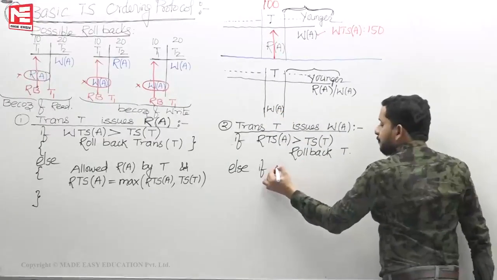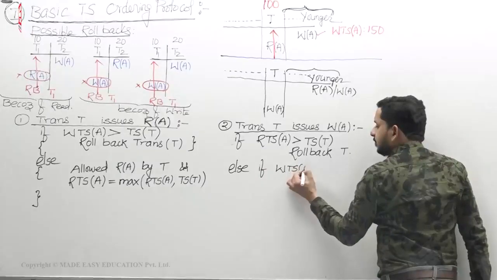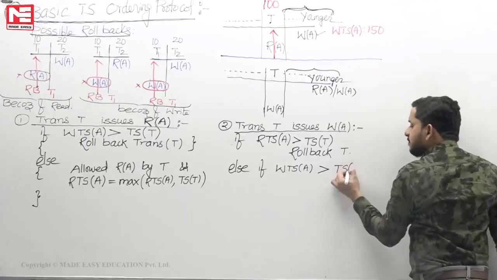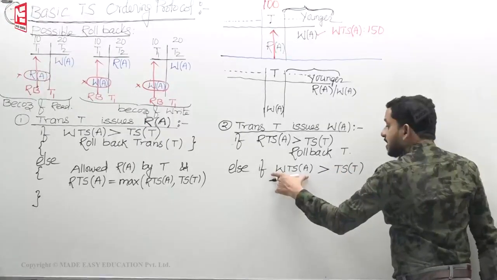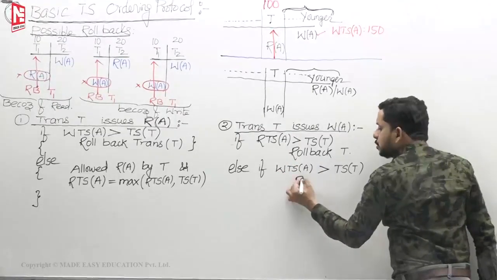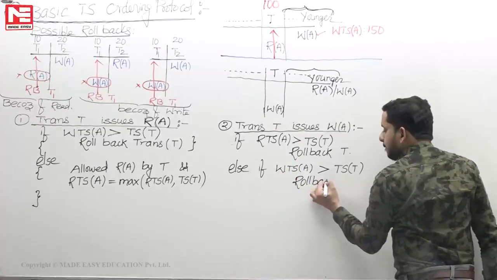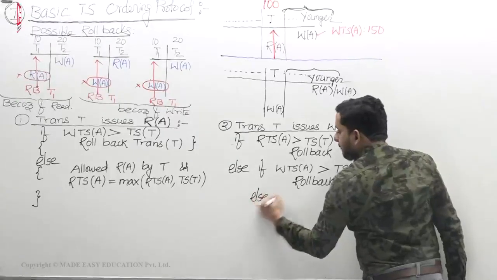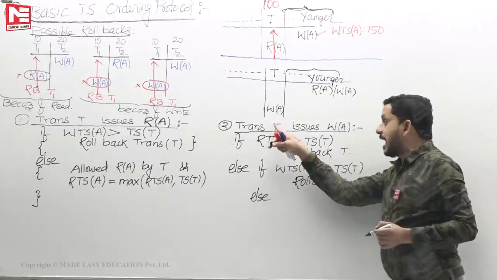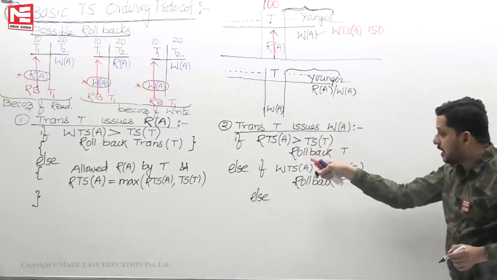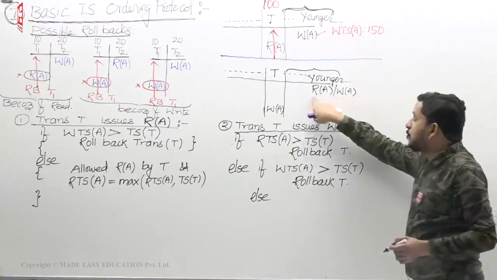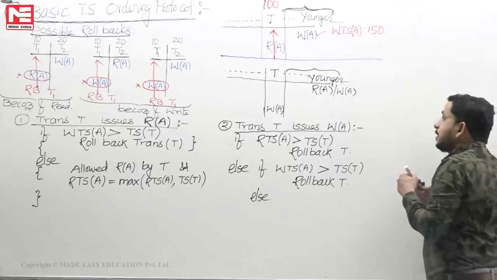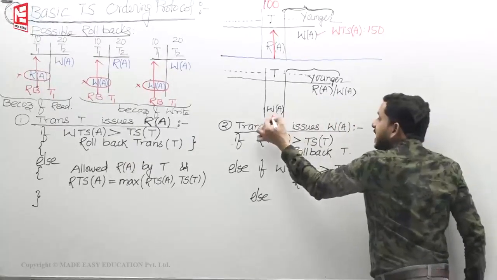If the write timestamp value of A is more than the transaction timestamp value of T, then also roll back T. Else, it means no younger transaction than T either reads or writes the data, so the write is allowed. If a younger transaction reads, this write is not allowed.